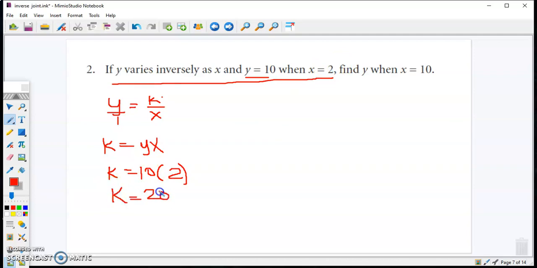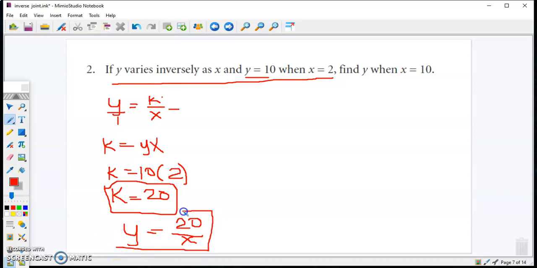Now, after solving for the value of k, we substitute this to the original equation. So y now is equal to, k will be replaced by 20 over x. So this will be the equation that we are going to use to answer the next statement. Find y when x is 10.